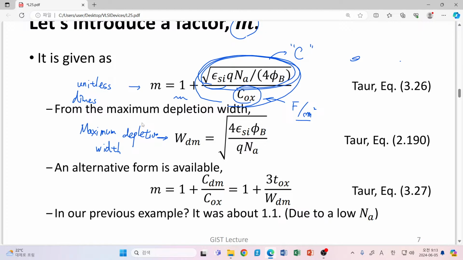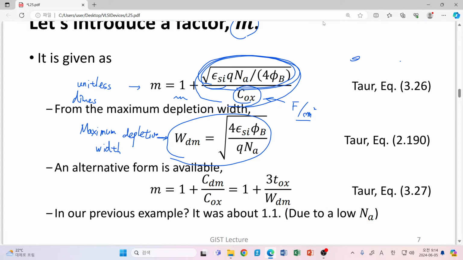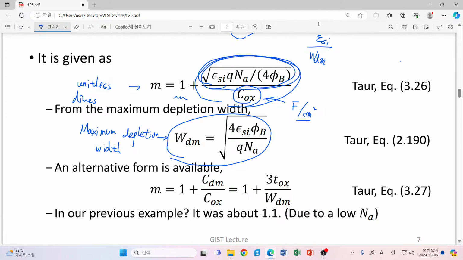So this is the WDM, and please have a look at this upper part once again. It can be regarded as this point. So WD, 1 over WDM, and epsilon silicon. Please try to estimate or calculate this expression once again.